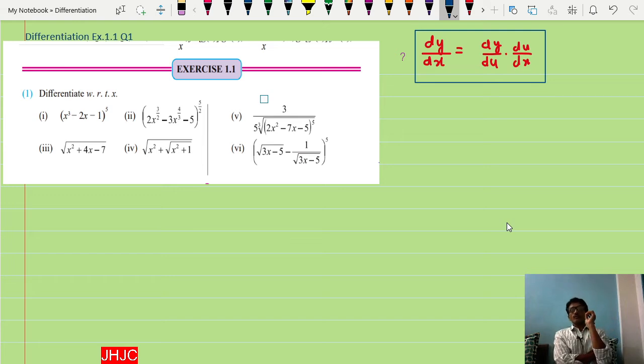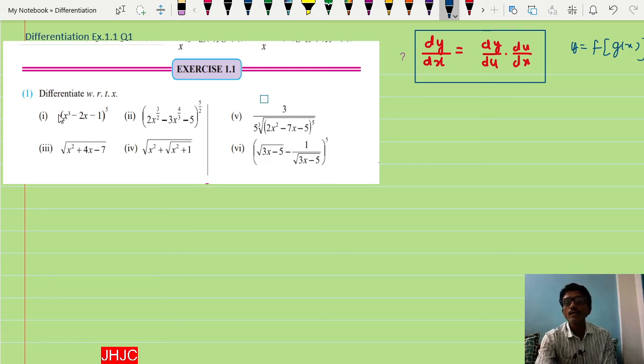Now we will do exercise 1.1. This is based on the derivative of composite functions. So we have this theorem: the derivative of y with respect to x, where y is equal to f of u, or the function y is equal to f of g of x, is dy by dx is equal to dy by du into du by dx.